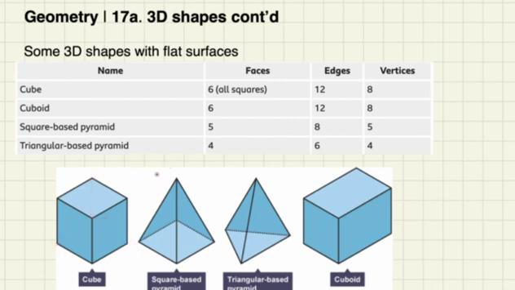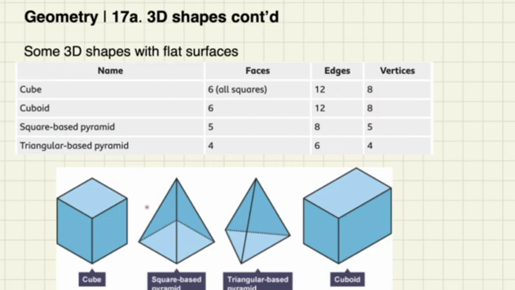And there are 8 vertices. I won't go through all of them, but you can imagine there's 4 up there and 4 down at the bottom, so that makes 8. With a cuboid, there are 6 faces, 12 edges and 8 vertices, so it's exactly the same as a cube.